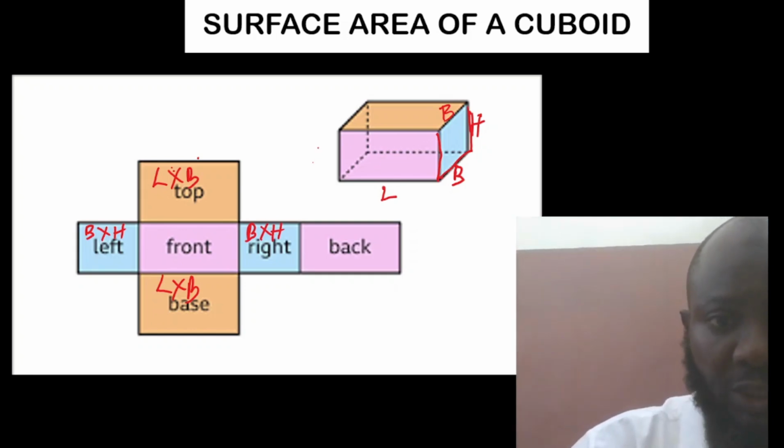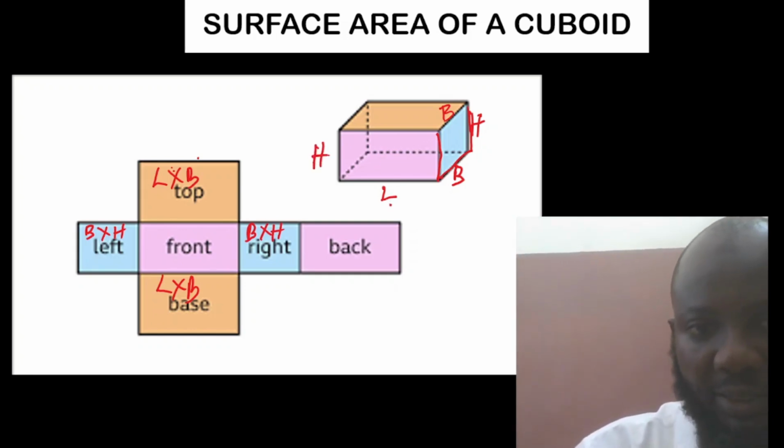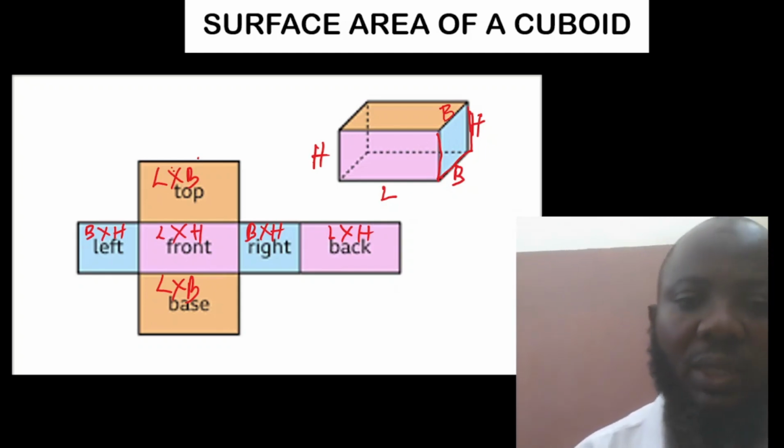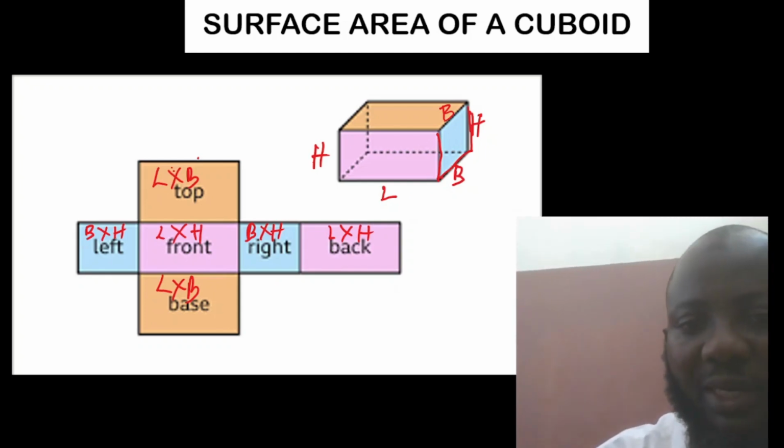Then the front and back. This is the front, which is h and L. So the back will also be length times height. So in this case, we can come up with the formula for the total surface area of a cuboid.